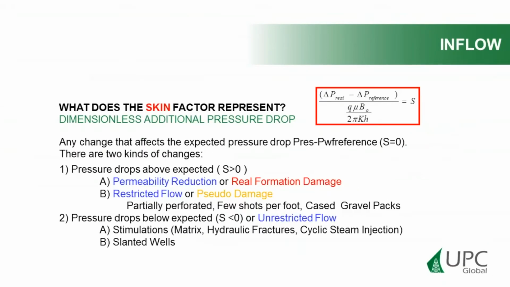So the skin is used to quantify the damage. But what is exactly the skin? The skin is a dimensionless pressure drop. We have the delta P, the pressure drop between the reservoir and the bottom hole, the real one that you are having in your well, and the pressure drop, the drawdown, the reference.